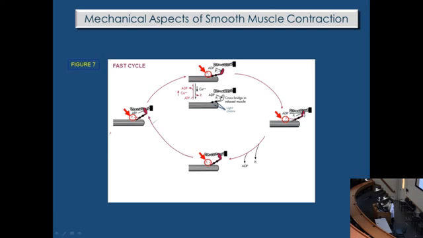And because the head of the myosin is energized, why is the head of the myosin energized in this step? Because it is phosphorylated, as illustrated here, but the phosphorylation is in the myosin light chain kinase. But see that I have the cross bridge in red before the phosphorylation occurs.